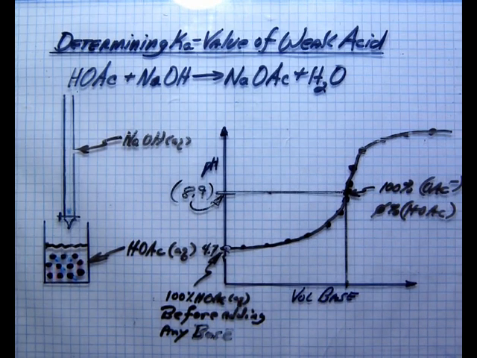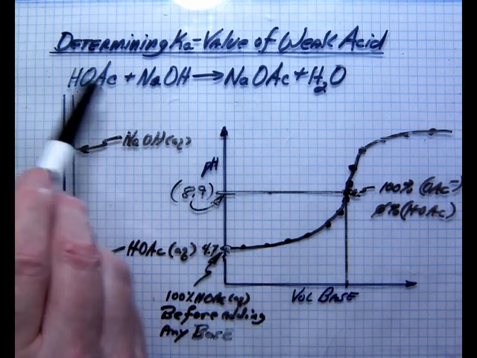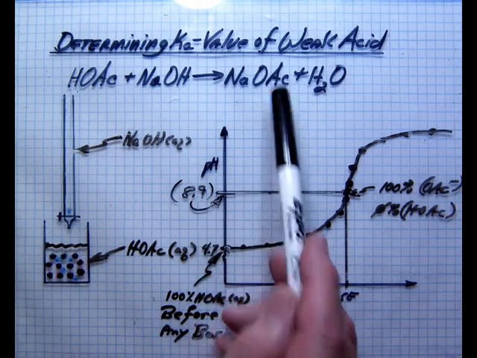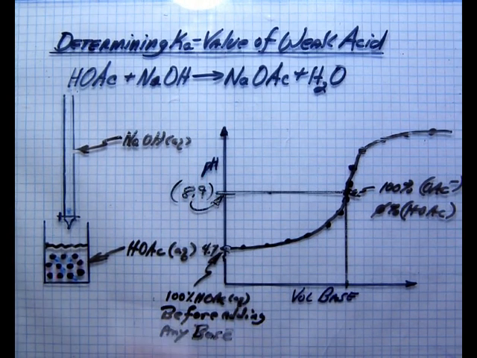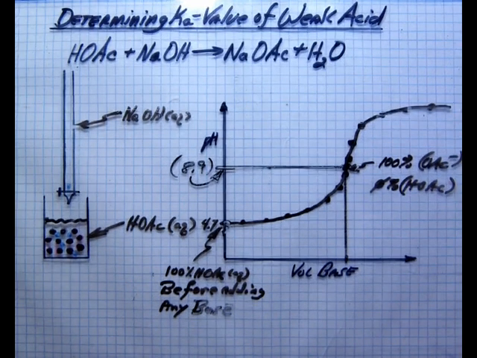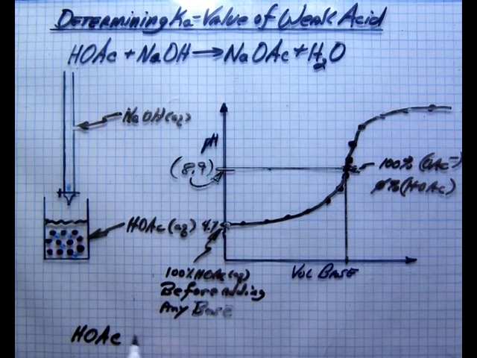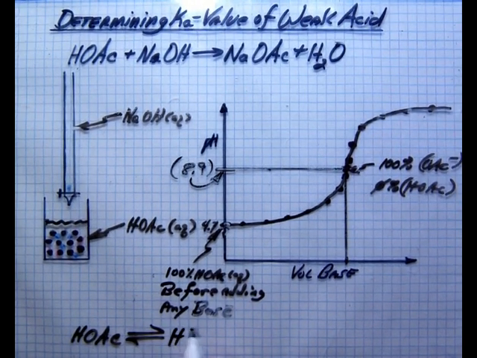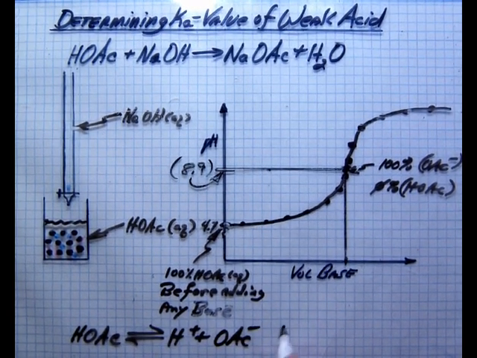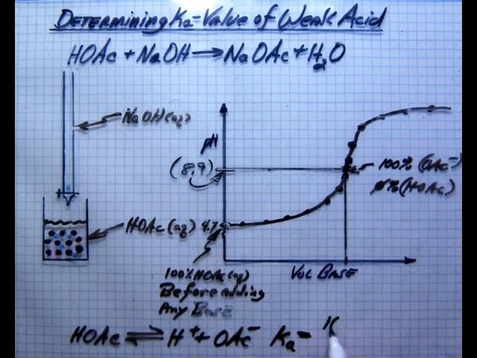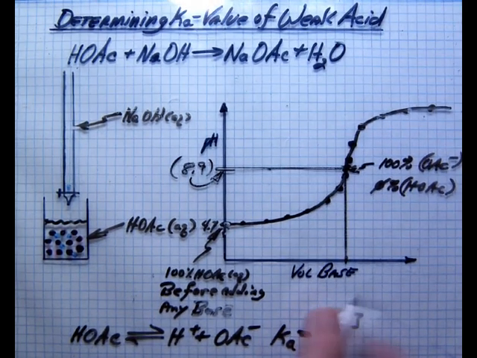So the acetate hydrolysis reaction is used to determine this pH. Now, to understand how to get the Ka value from this, what we do is take the weak acid and write the Ka expression. Let's make it molar.